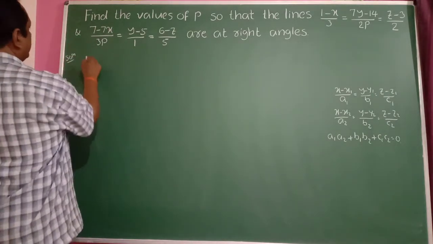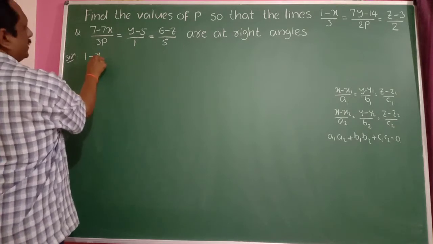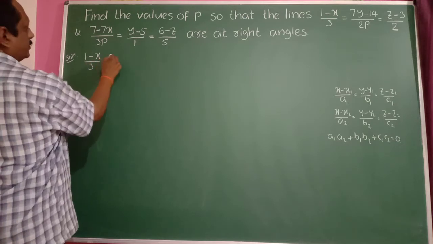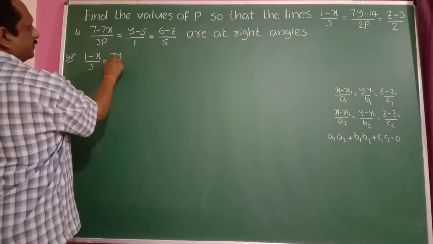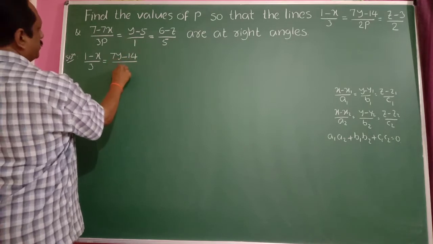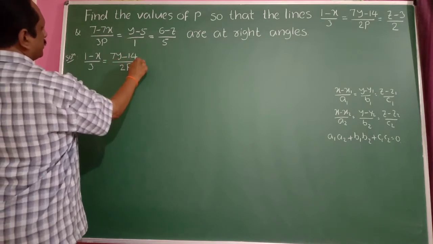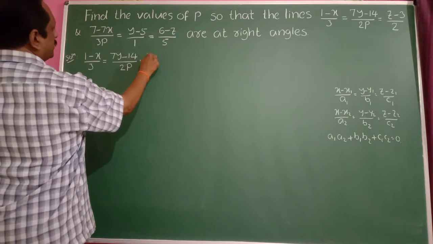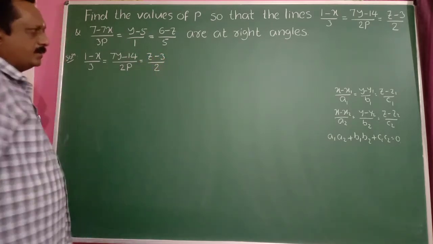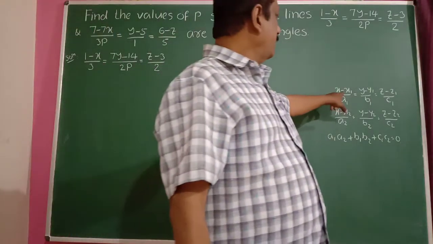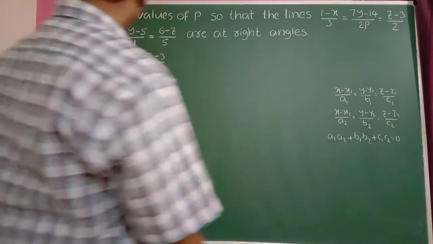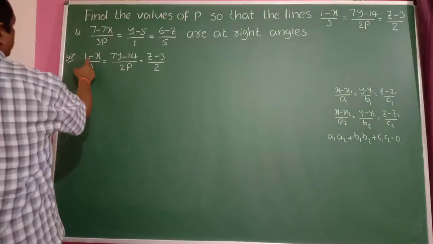Therefore, the first equation here: 1 minus x divided by 3 is equal to 7y minus 14 divided by 2p is equal to z minus 3 divided by 2. Just observe here that the x, y and z coefficients should be 1. So here 1 minus x is there.